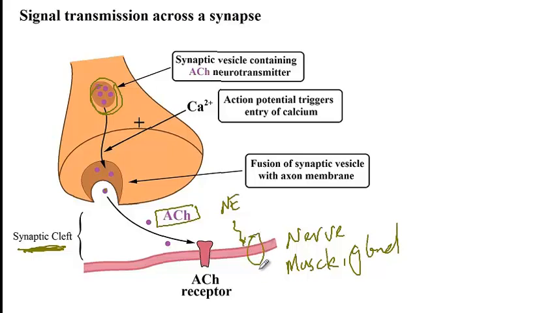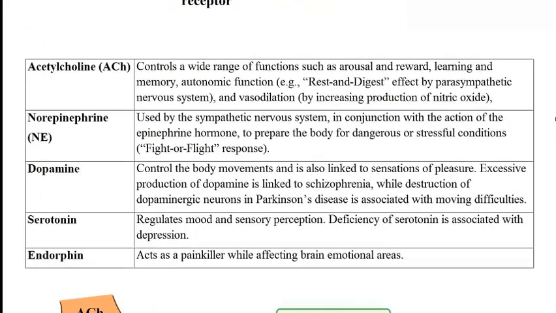Next I would like to discuss different types of neurotransmitters, and these include acetylcholine. Acetylcholine can be used for transmission of signals for motor neurons of the somatic nervous system, for instance our skeletal muscles are activated by the acetylcholine receptor.